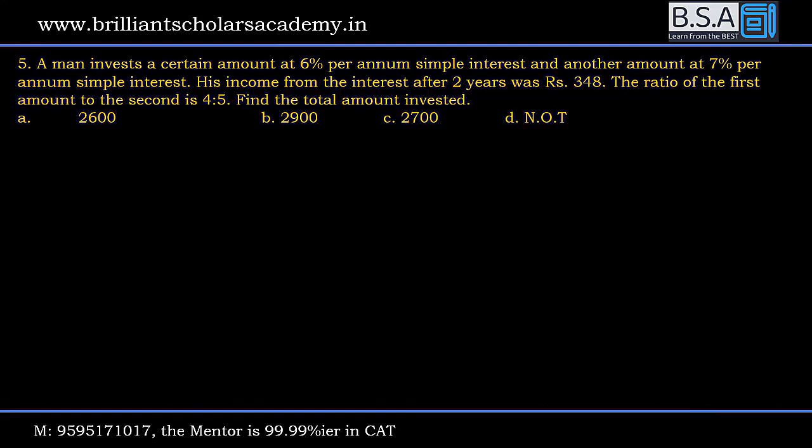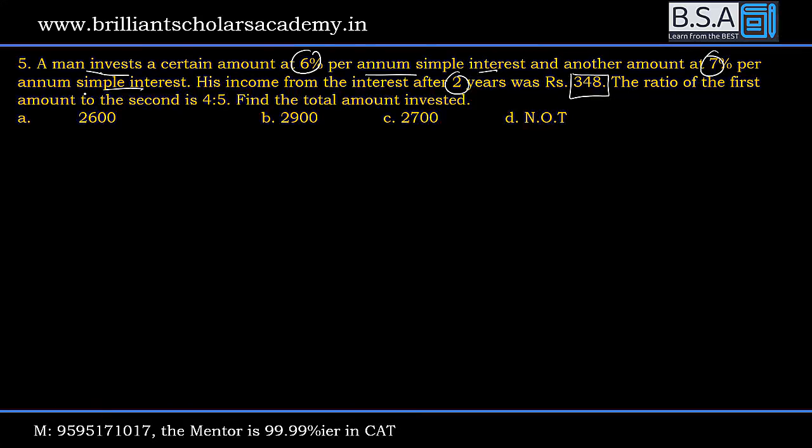So here, if you pay attention to the language of the problem, the amount is invested in a certain manner, 6% per annum simple interest, 7% per annum simple interest. Total interest after 2 years is rupees 348.